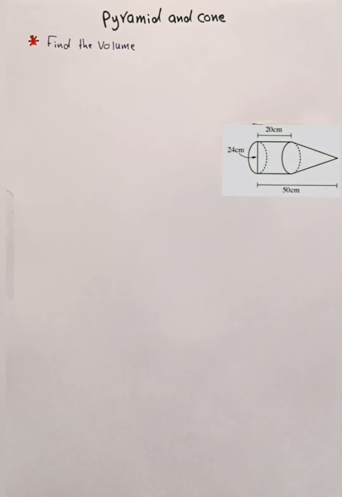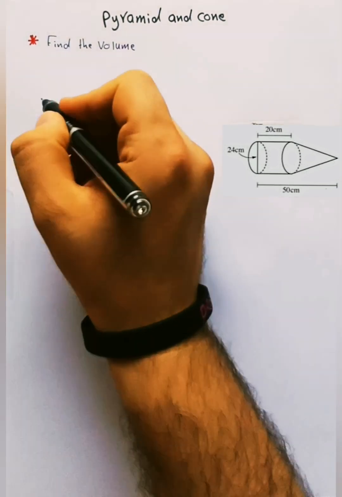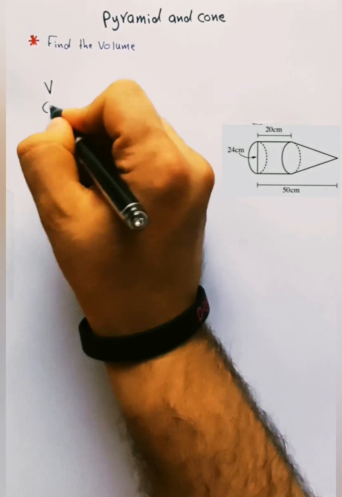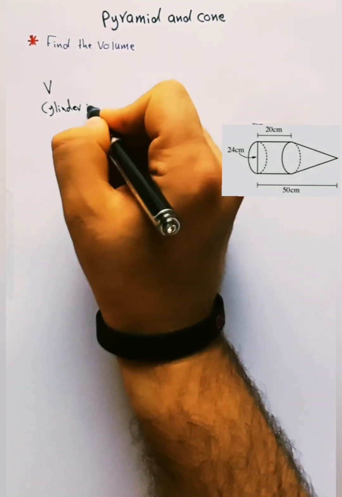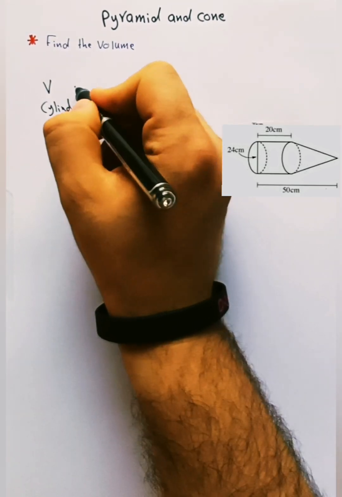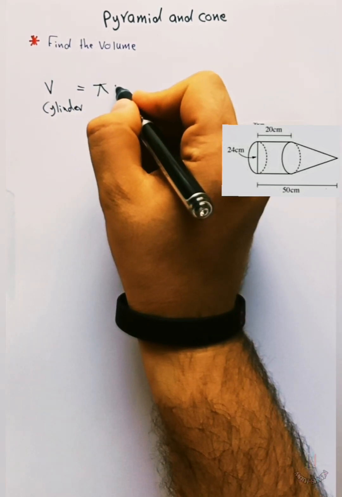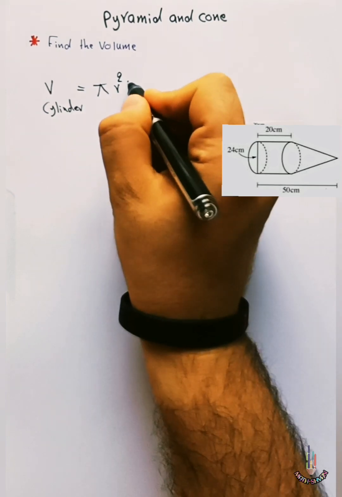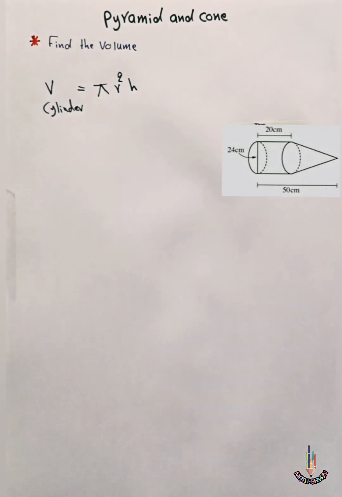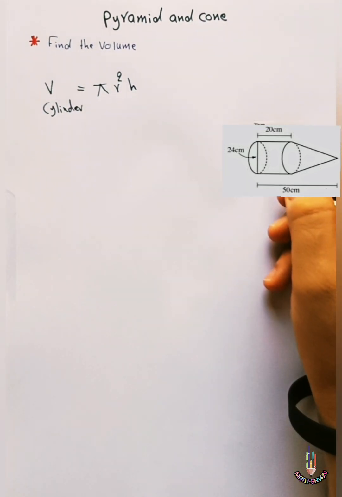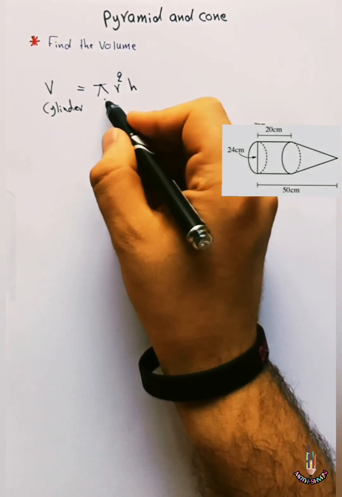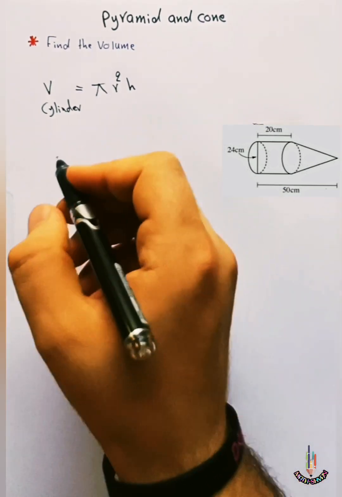After that, in this example, you have a composite figure. You have to find the volume for this composite figure. First, the volume for the cylinder, the rule is pi r square h, because the base is a circle, so the area of the base is pi r square multiplied by height.